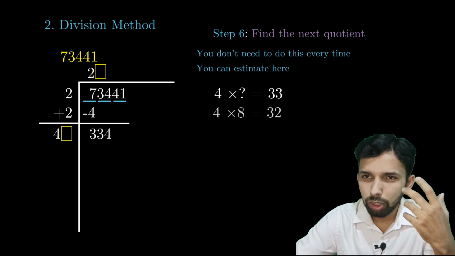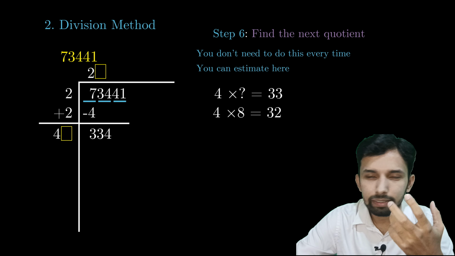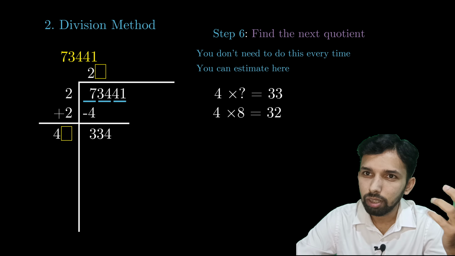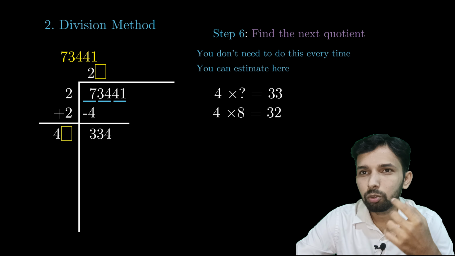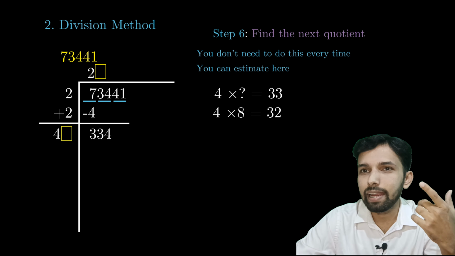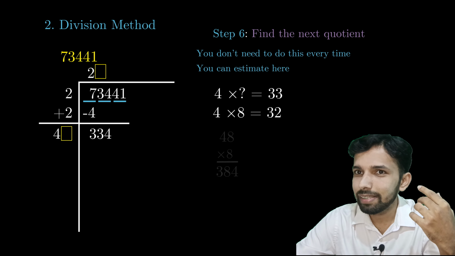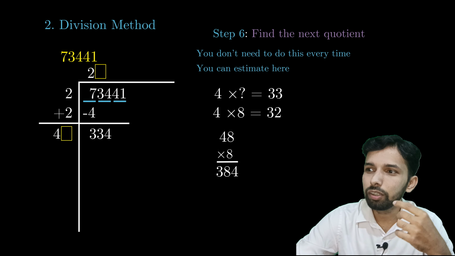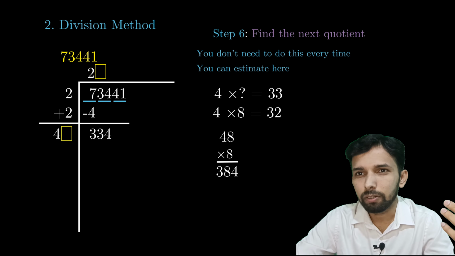What would I multiply with 4 to get the answer 33? Actually, you can't, but I can get 32. How do I get it? 8. So the best approach would be that you directly try 48 times 8. That leaves us with 384.